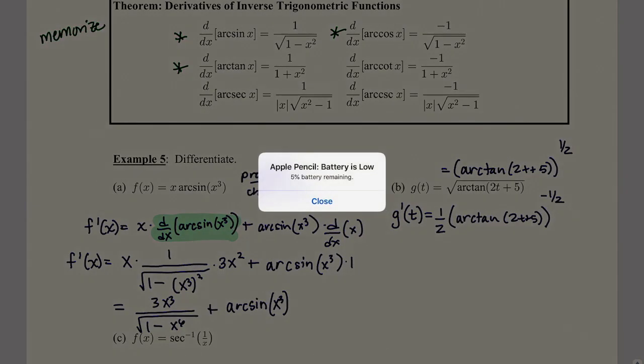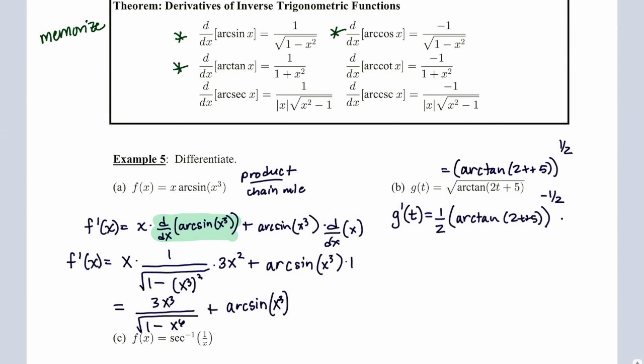And then on the next line, I'm going to multiply by the derivative of arctangent. For the derivative of arctangent, we need 1 over 1 plus the input, whatever that is, in this case 2t plus 5 squared.